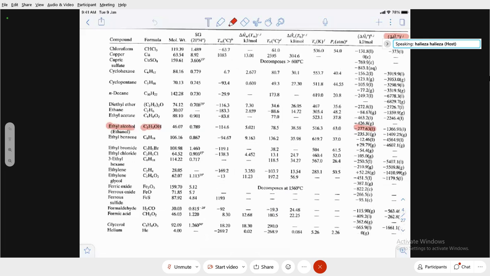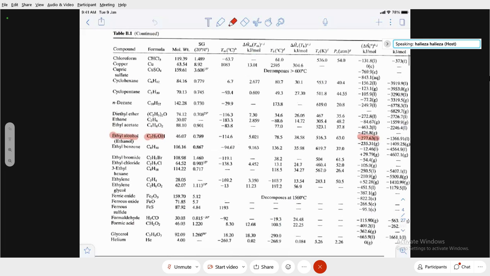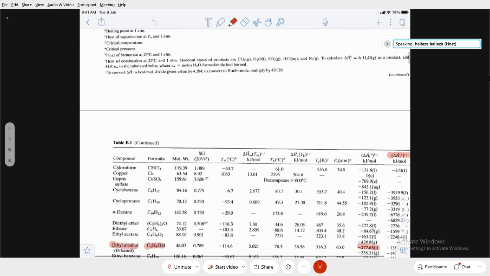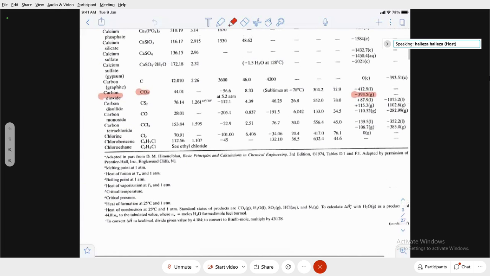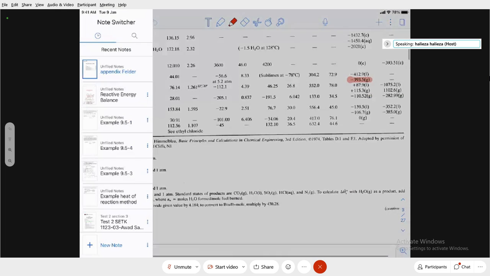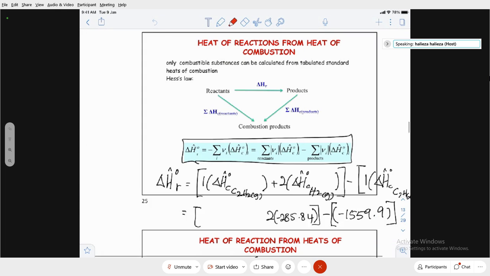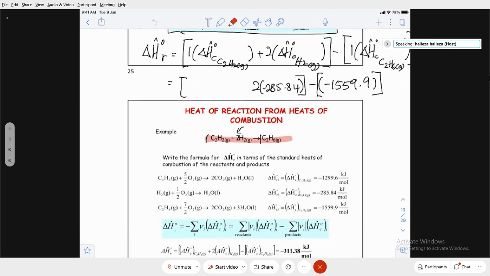I don't have C2H2. What is it then, if not ethylene? Not sure. Anyway, in that example, the value is actually given. Here is C2H2. Yeah, that value is negative 1299.6. So let's put that value here.